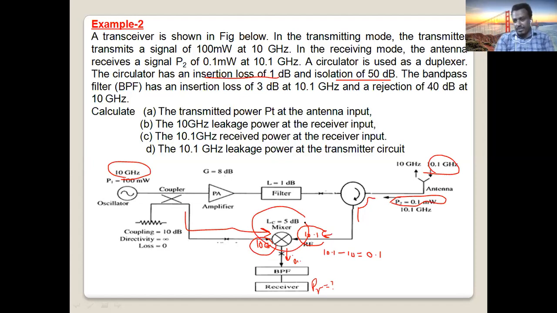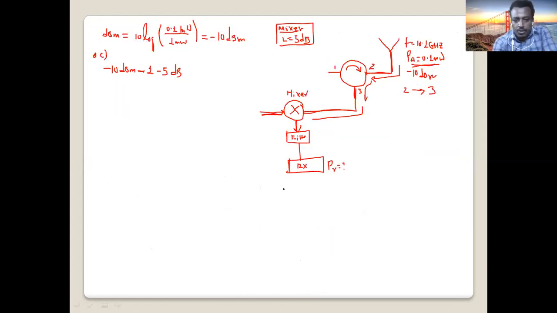Then it's easy for the receiver to process, to demodulate, to correct errors and so on. So before the receiver circuit, we have a mixer that down converts the frequency from 10.1 to 0.1. What's the disadvantage of the mixer? It's too much loss, minus 5.